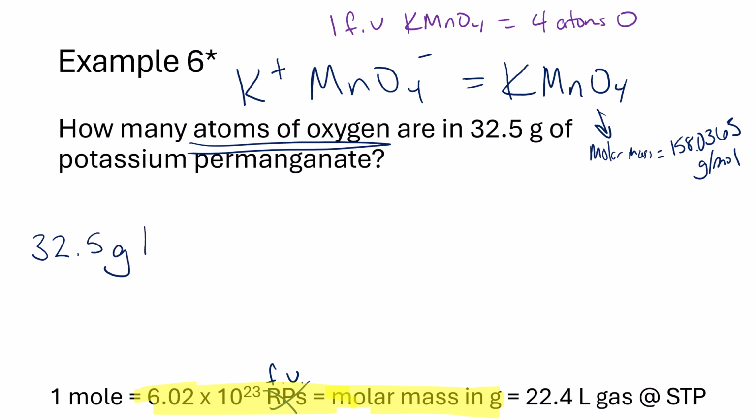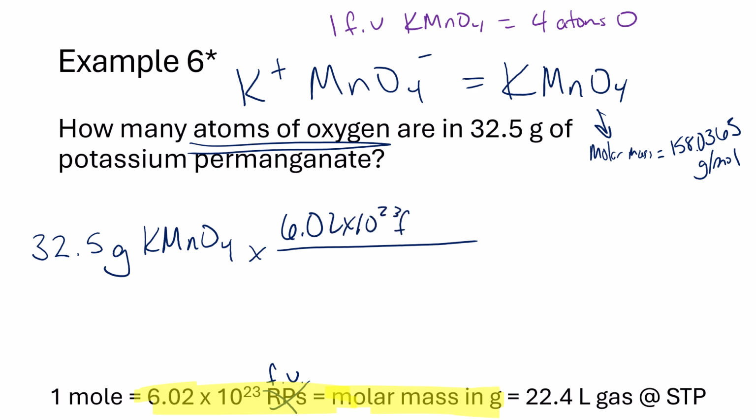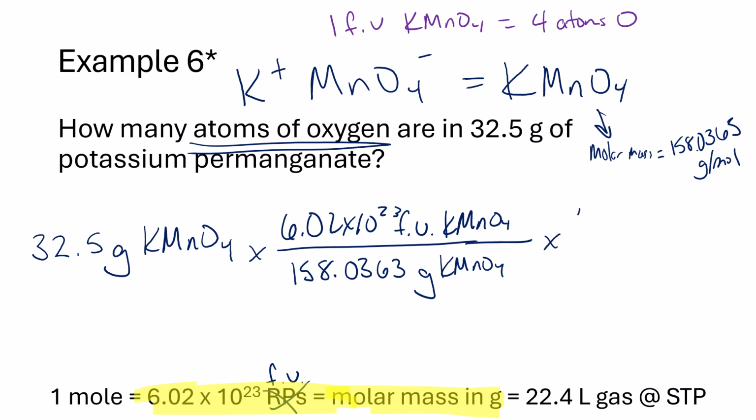32.5 grams of KMnO4. And then what I want on top would be the representative particles for potassium permanganate. And I want the molecular weight on the bottom, so molar mass. And if I left this problem here, I would have formula units of potassium permanganate, but it's asking for atoms of oxygen.